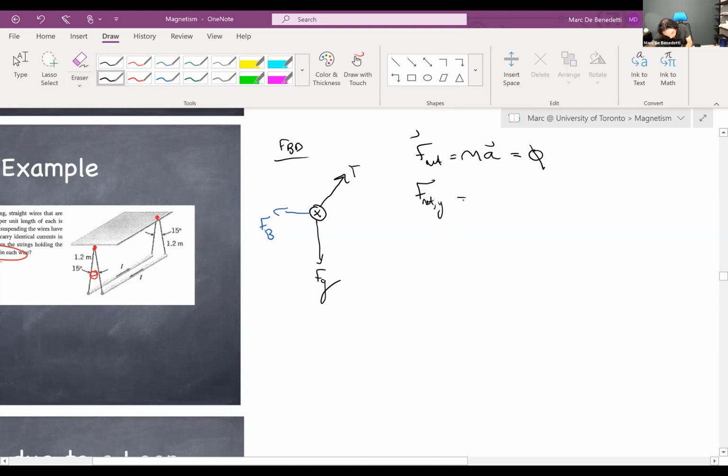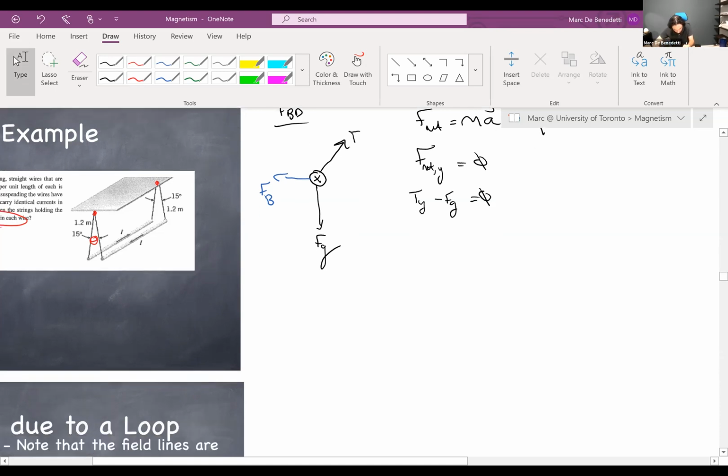F net y is equal to 0. Looking at my free body diagram, what forces act in the y direction? Well, I've got tension in the y direction, and I've got gravity, 100% of gravity, and that's it in the y direction. So their sum must equal 0.